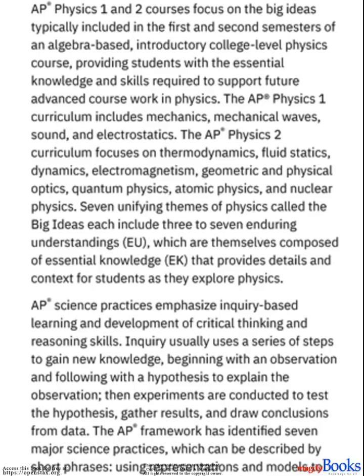AP Physics 1 and 2 courses focus on the big ideas typically included in the first and second semesters of an algebra-based, introductory college-level physics course, providing students with the essential knowledge and skills required to support future advanced coursework in physics. The AP Physics 1 curriculum includes mechanics, mechanical waves, sound, and electrostatics.